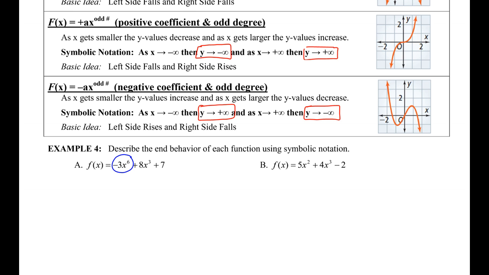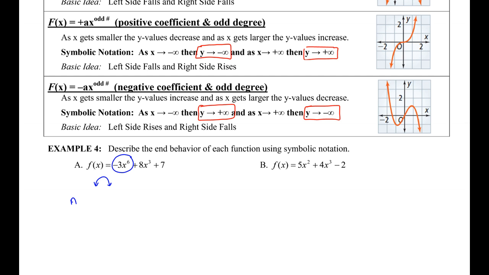Because it's an even degree, I know both ends of my graph are going to be facing the same direction. And because it's a negative coefficient, I know they're facing down.